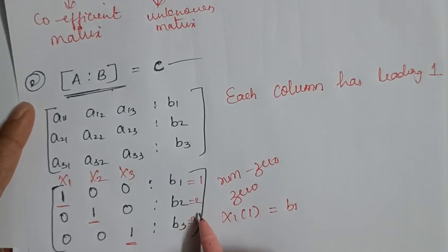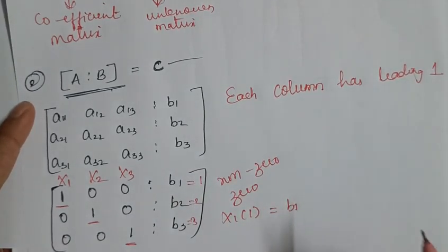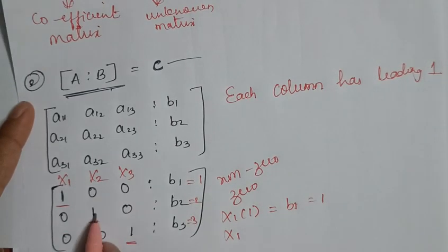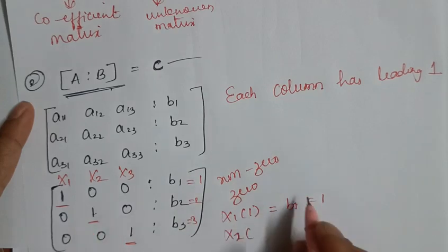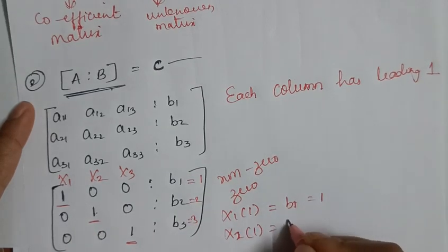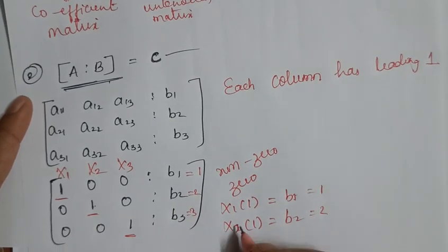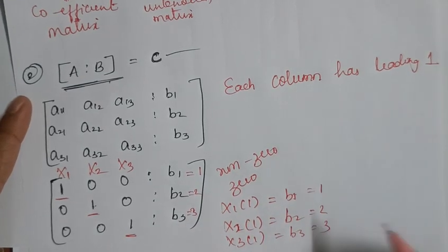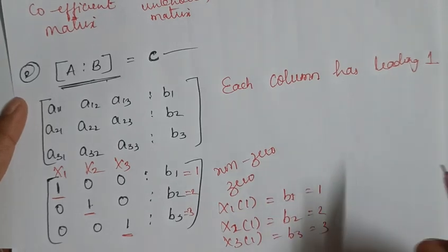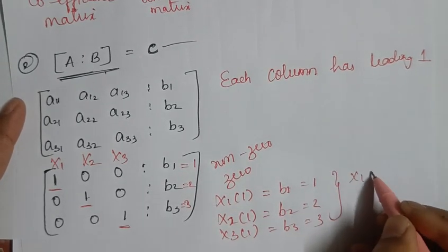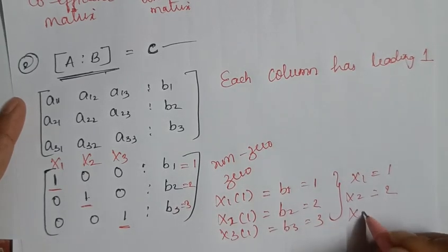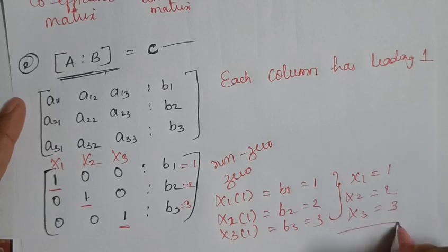It can be the same, 1, 1, 1, or 1, 2, 3, or 2, 2, 2, anything, but some unique value. b1 is equal to 1, x2 into 1 is equal to b2, which is equal to 2, and x3 into 1 is equal to b3, which is equal to 3. I'm just taking it here for your understanding. So this gives me x1 = 1, x2 = 2, and x3 = 3.